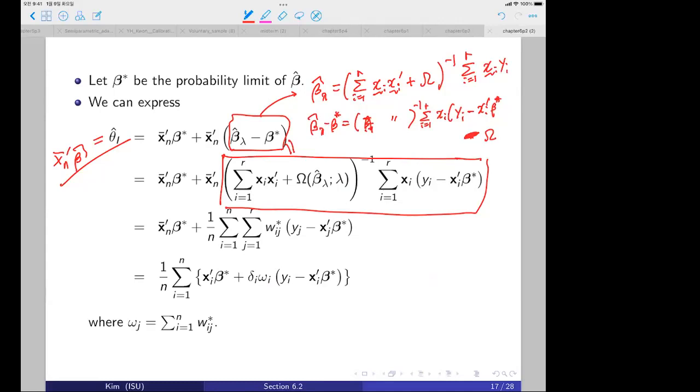The y is equal to x i prime times beta plus error. Okay. You mean like this? Right. Okay. Plug that in.